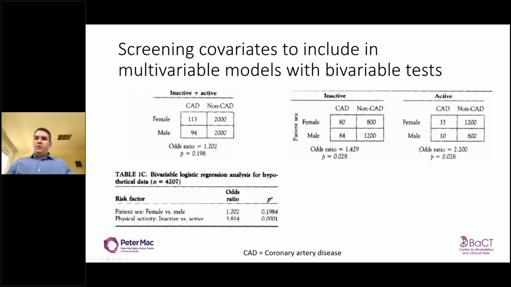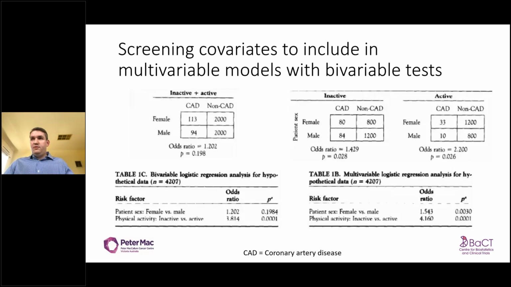And if we do a regression including both variables in the model, then we can see here that sex is significant in that multivariable model. So just because a variable is not significant in a univariable model doesn't mean that it will not be significant in a multivariable model. You might be inappropriately selecting the variables and have a wrong model at the end if you use this method.